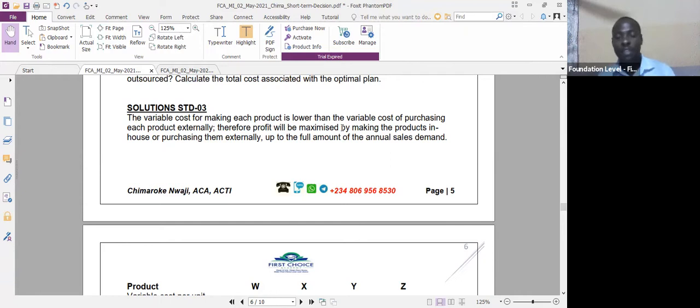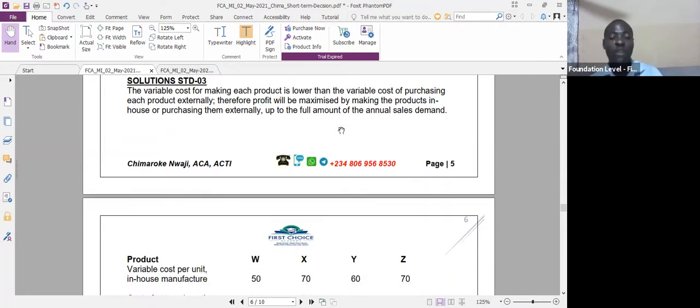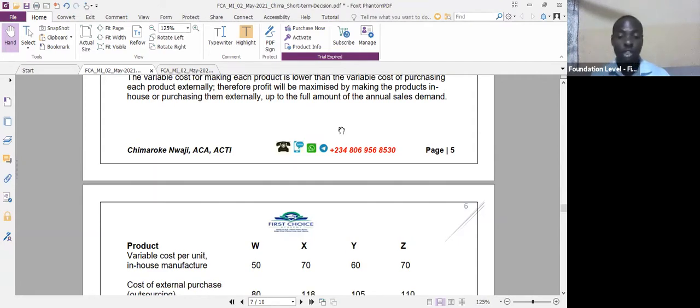So when we consider the variable cost to make with the variable cost to buy, normally we would have said make everything because the variable cost to make is cheaper than the variable cost to buy. But because we have a constraint of machine hours, we cannot just make everything, as our calculation will show.